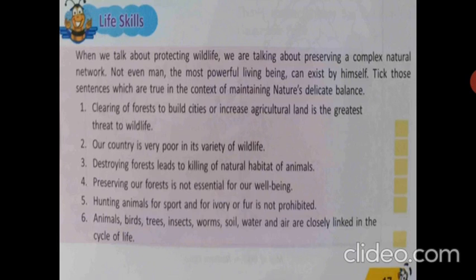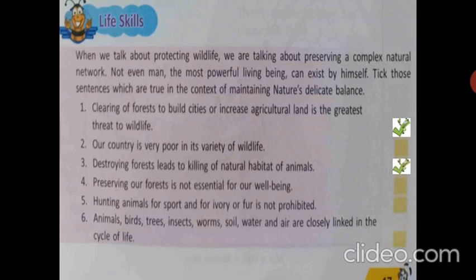Is this sentence true in the context of maintaining nature's delicate balance? The answer is yes, because clearing the forest to build cities or increasing agricultural land is a great threat to wildlife.